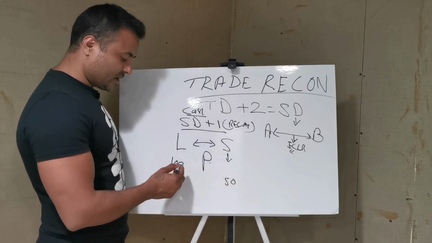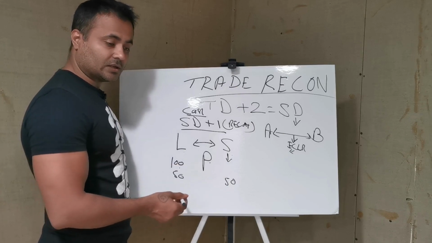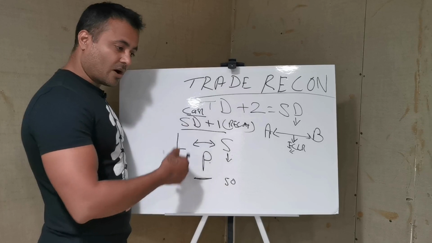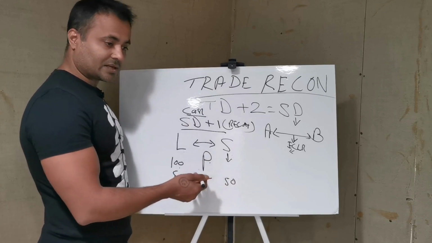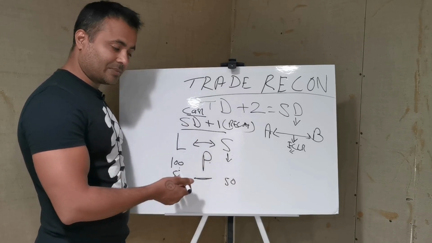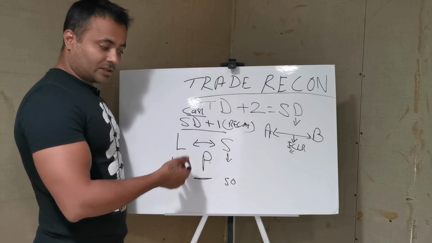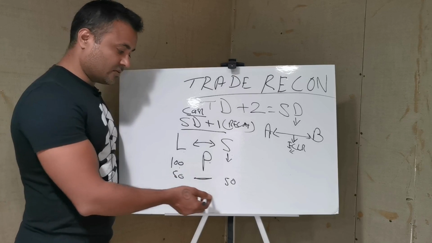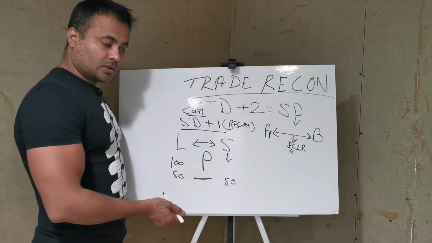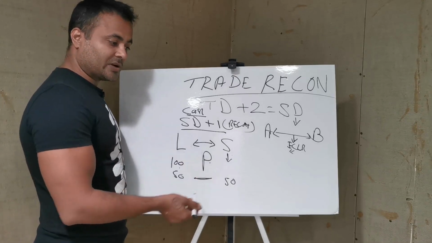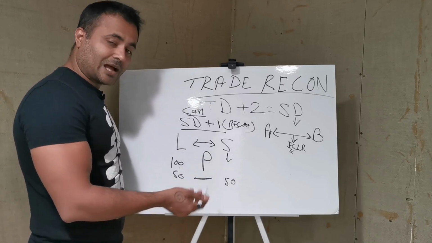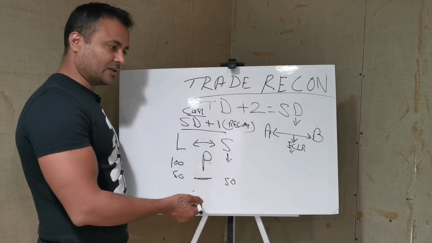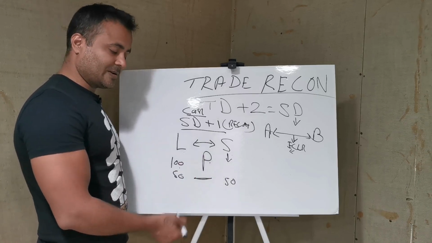You need to make sure when they are going to settle the remaining 50 shares. In between, you need to inform settlements, because they are aware of it. So you check with settlement, hey, the trade was supposed to be 100, but we received 50 shares and the value receivable for the 50 shares. Then settlement will explain, yes, a partial settlement happened, that's why the 50 shares were sold and we received the value for the 50 shares.